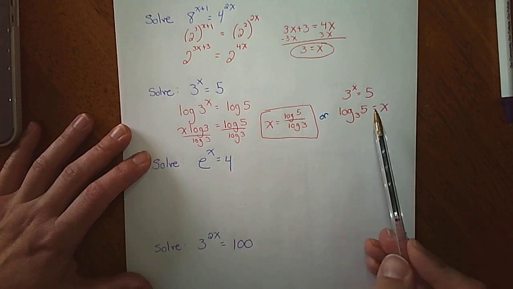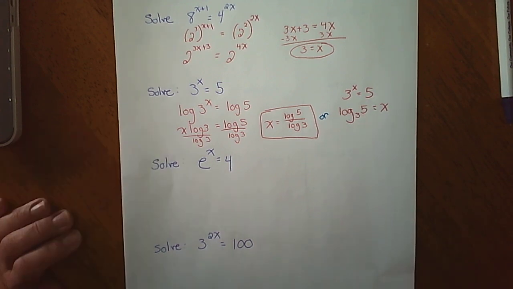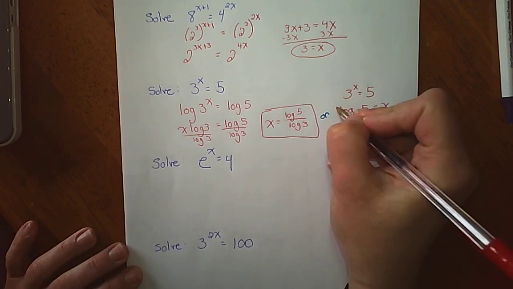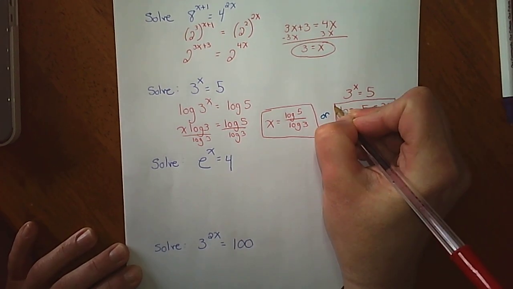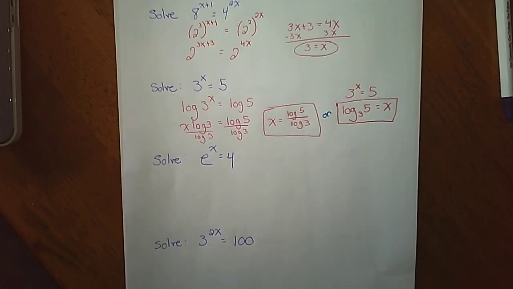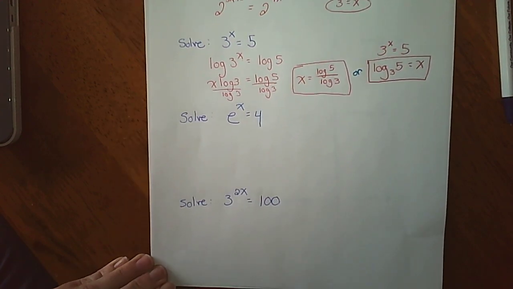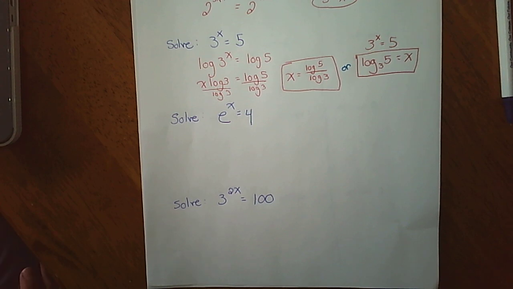Now, technically, that's an okay answer as well. So this or this are considered acceptable answers. And depending on the question, one's better than the other, and usually that has to do with multiple choices, and you'll see that later.